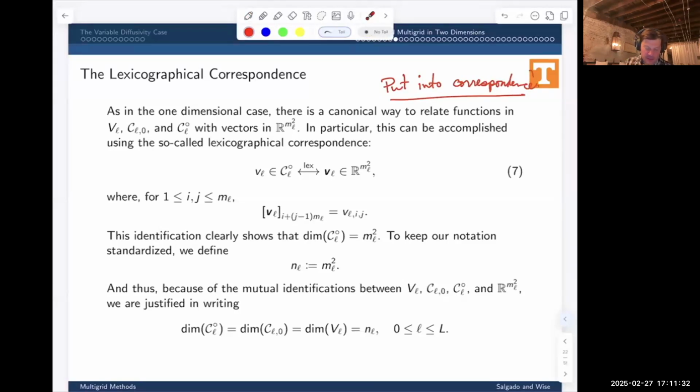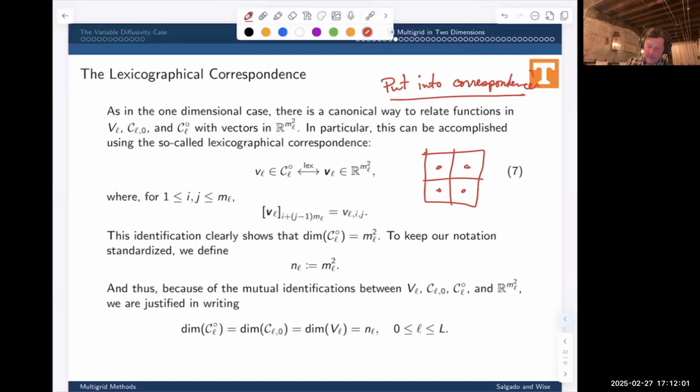All right, I'm not going to show you exactly how to do that. I'm just going to argue that it can be done. But they can all, in turn, be put into correspondence with vectors from this vector space, R with dimension ML squared. It makes sense if we take the very simple grid that has two grid cells going in each direction.